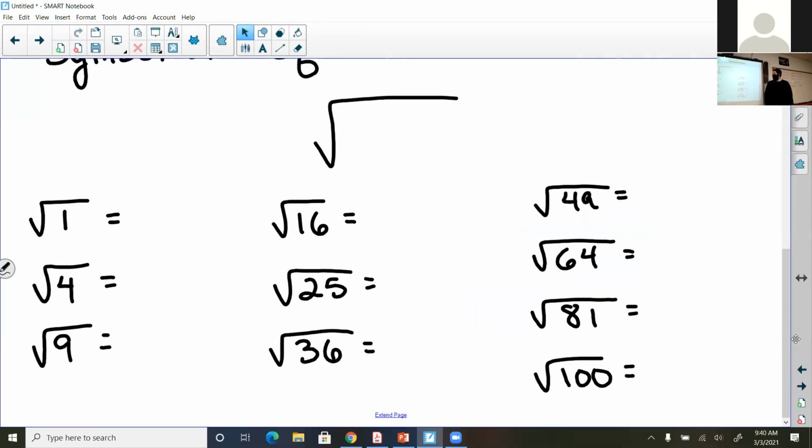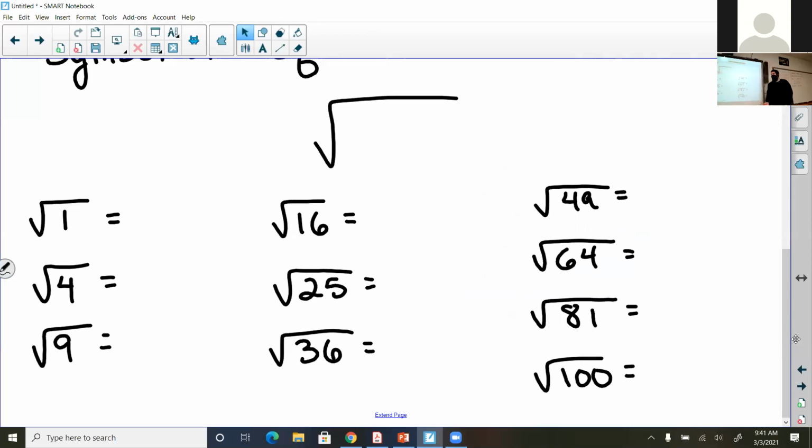So if I want to take the square root of these numbers, I want to know what number was multiplied by itself to get the number that is underneath. Now, the technical name for the number underneath is a radicand. So we want to know what 2 numbers multiply together to give us this radicand.